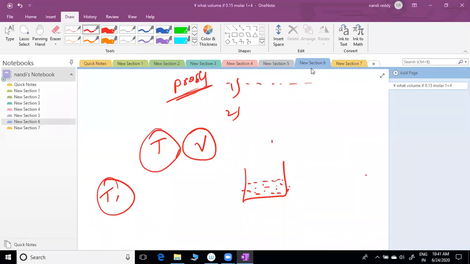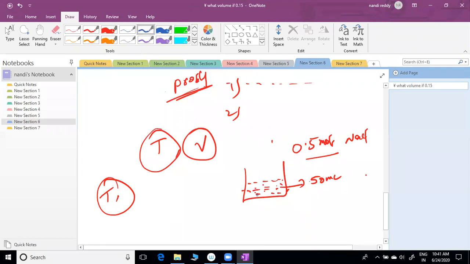Assume I dissolve 0.5 moles of NaCl, and this volume is 50 ml. By heating this vessel, what happens, sir? Water can evaporate, is it correct?